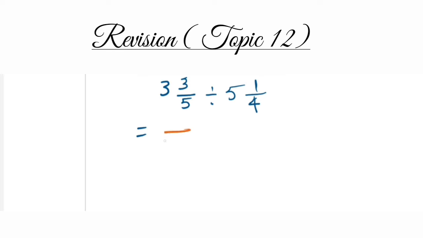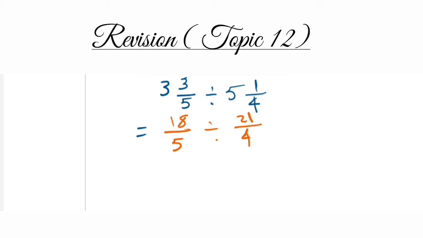So we have the denominator 5, and 5 multiplied by 3 is 15. 15 plus 3 is 18. Do the same for the divisor, we have 4 in the denominator, and 4 multiplied by 5 is 20. 20 plus 1 is 21. I will remove the arrows again. Okay.